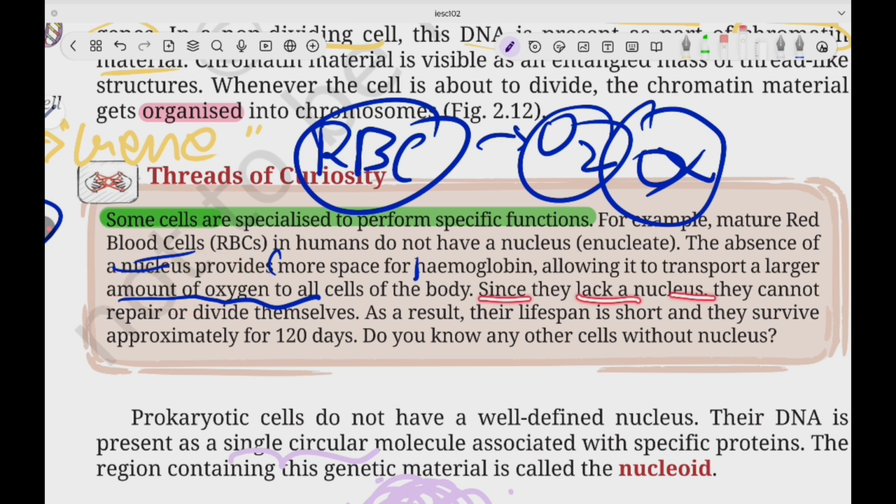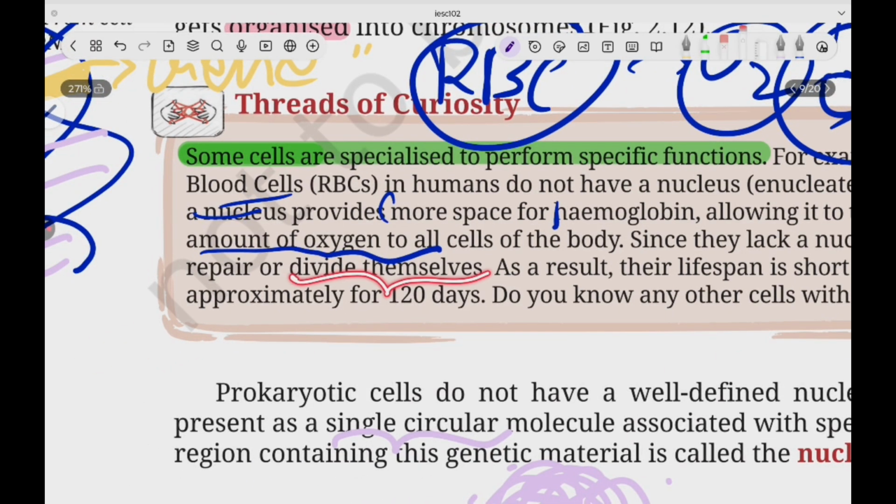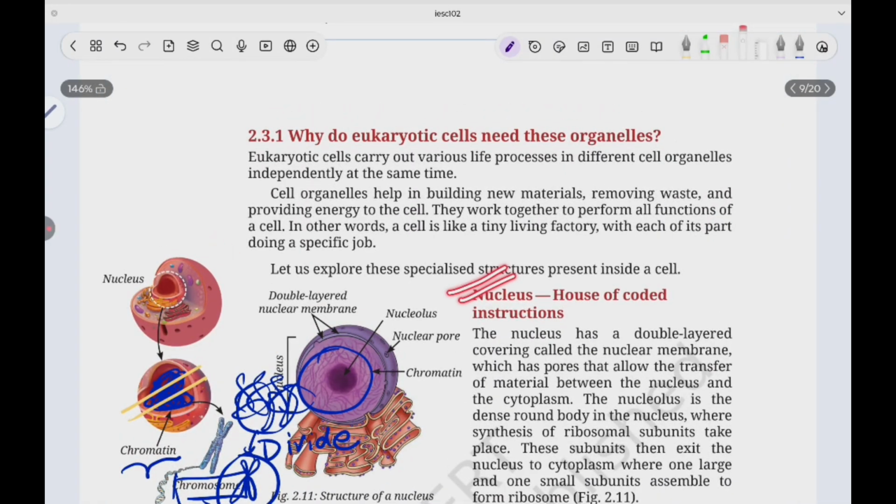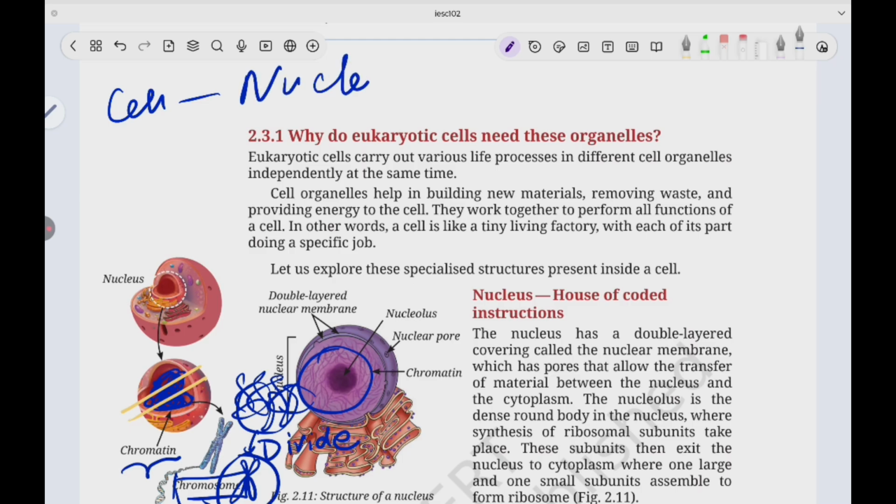Since they lack a nucleus, they cannot repair or divide themselves. That is a very important point. Only the nucleus has the ability to divide. If a cell does not have a nucleus, it cannot divide.